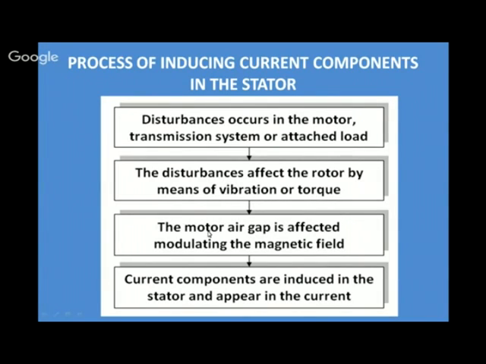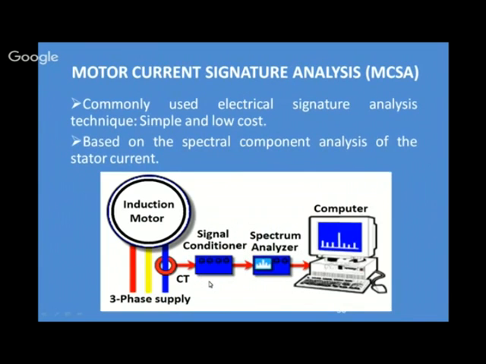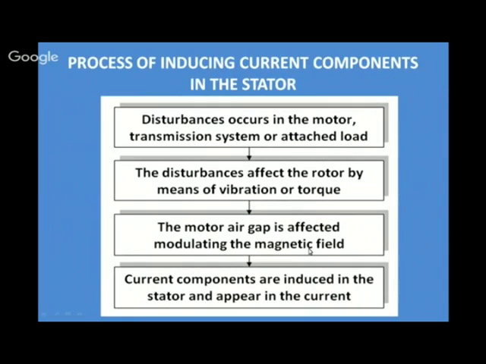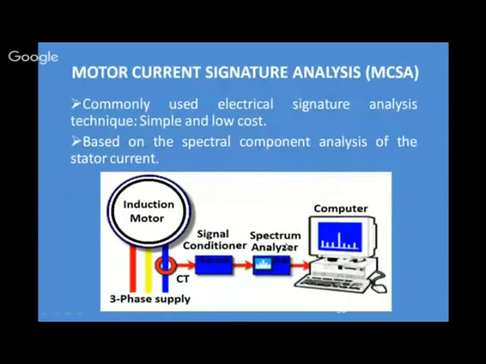So this motor will vibrate or have the effect of modulation on the magnetic field that is present in the stator. So current components that are being acquired here by our spectrum analyzer or computer will have these components shown in the FFT or the spectrum of the signal.